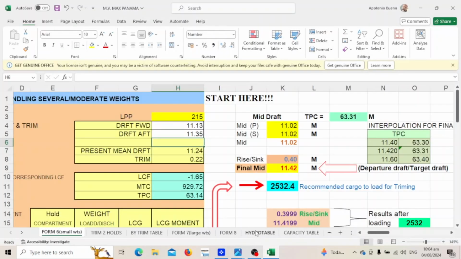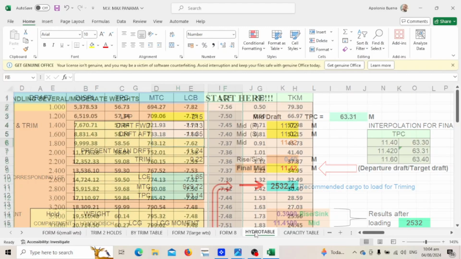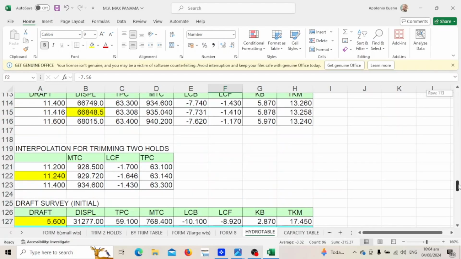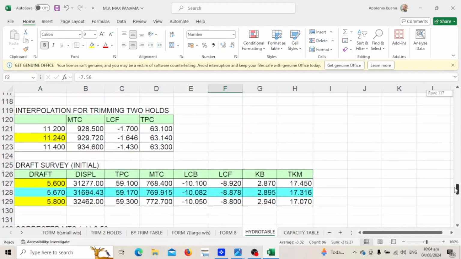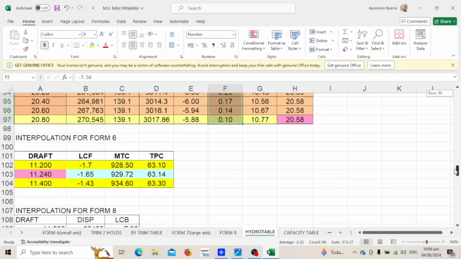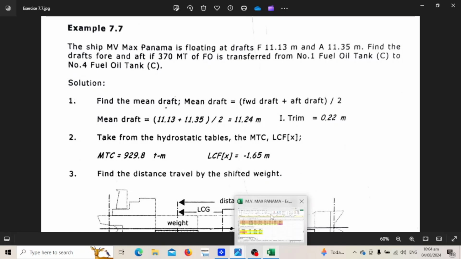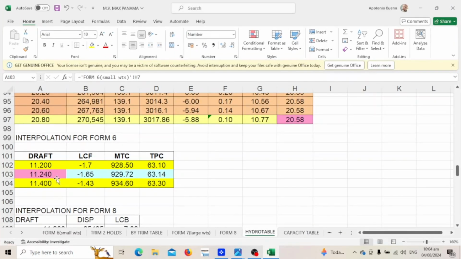You go to the hydrostatic table, then scroll down, then you put the draft. The mean draft is 11.24.